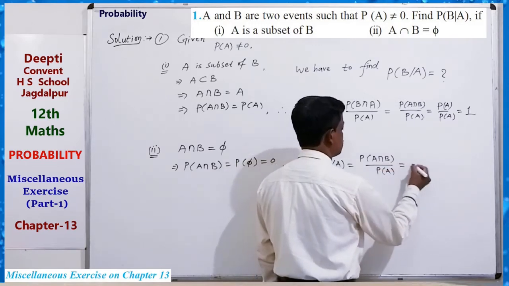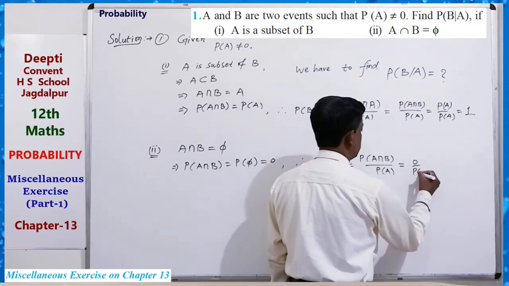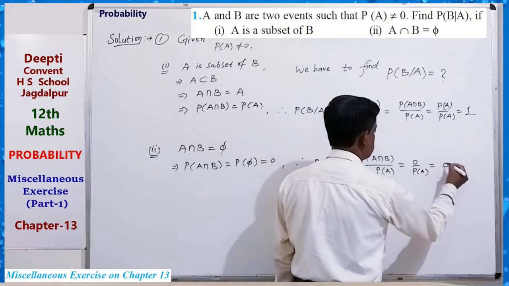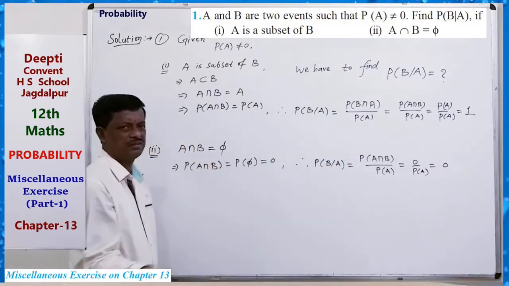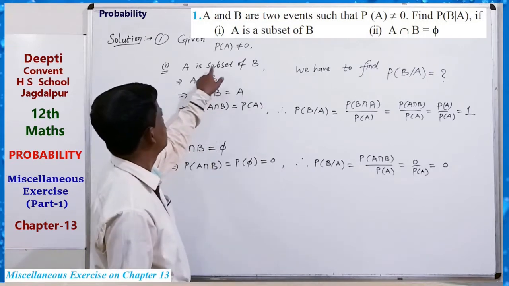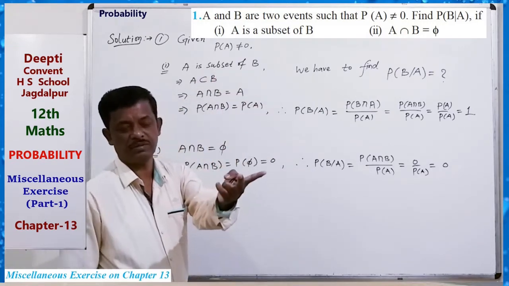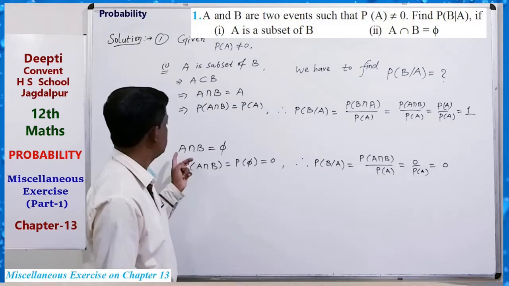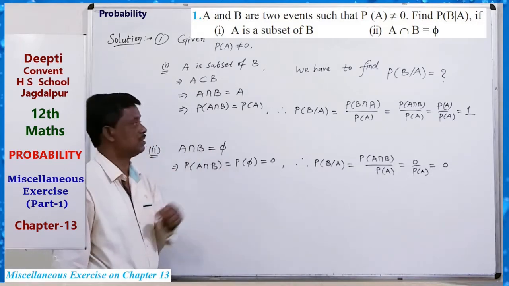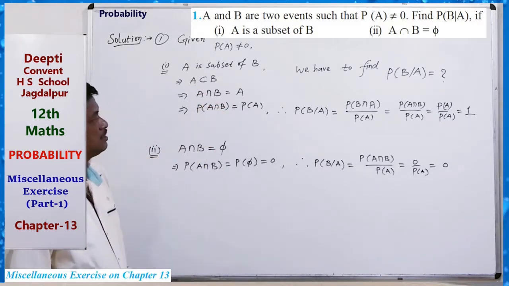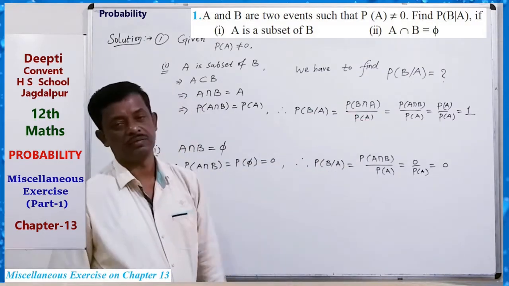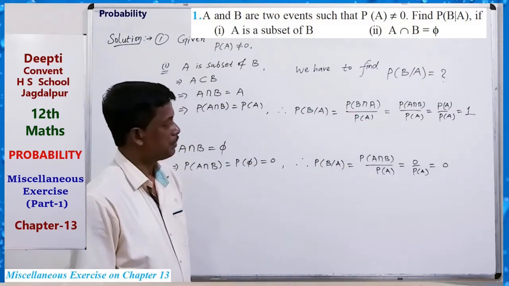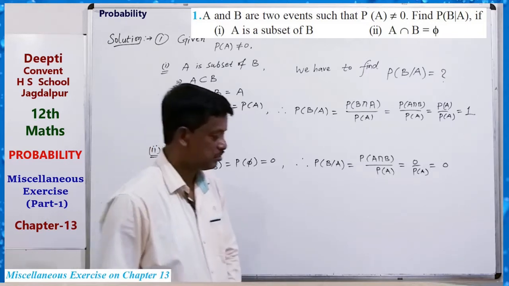A is non-zero, so 0 upon P(A) equals 0. The probability is 0. So the first question is given with A a subset of B, and second, A intersection B equals phi, and we solve by conditional probability. Very simple question one.